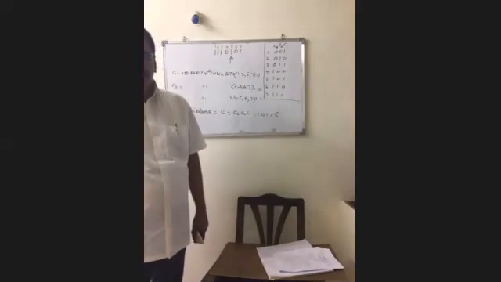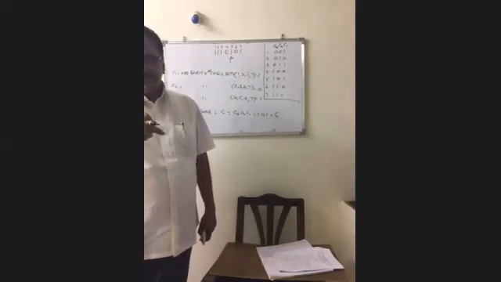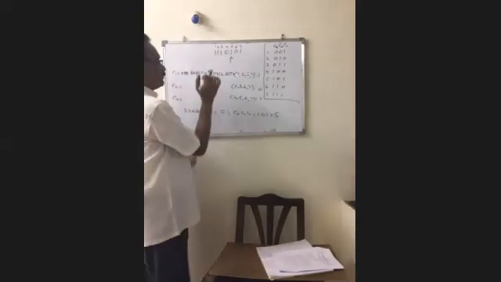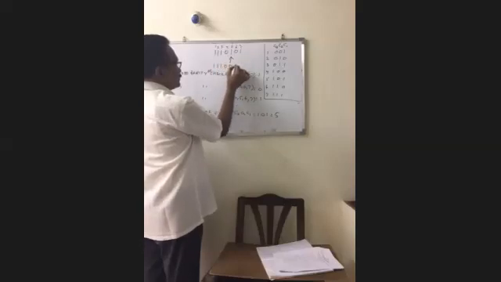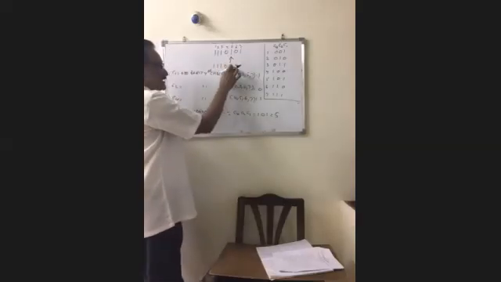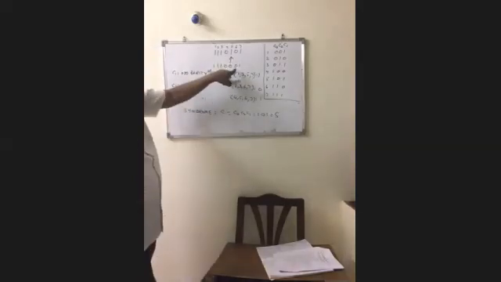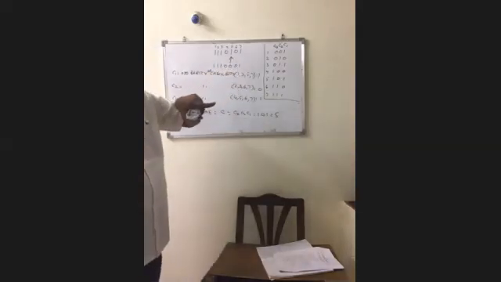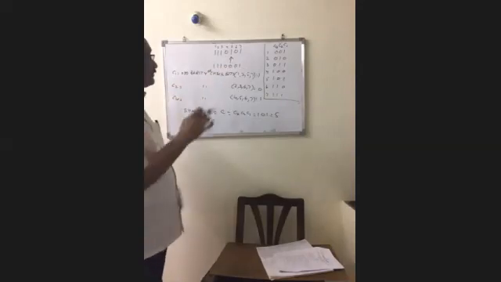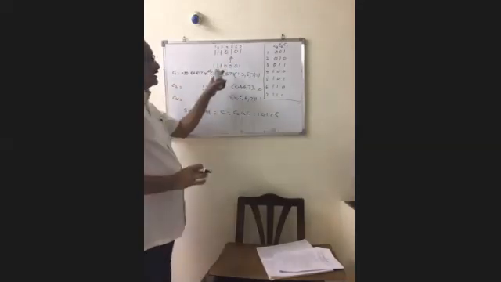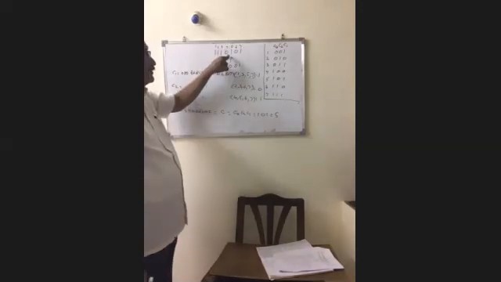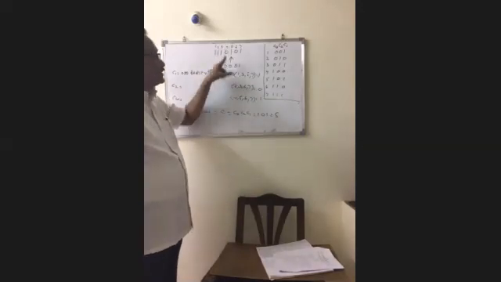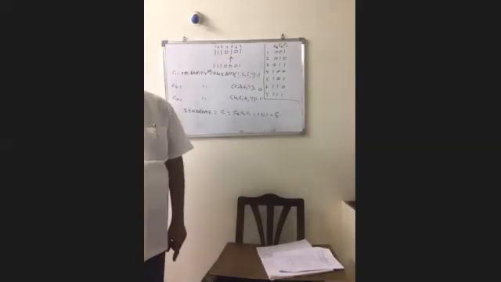Simply complement that bit position, giving 1, 1, 1, 0, 0, 0, 1. That is the actual transmitted data. The receiver received this one, which means in transmission the fifth bit position changed from 0 to 1.